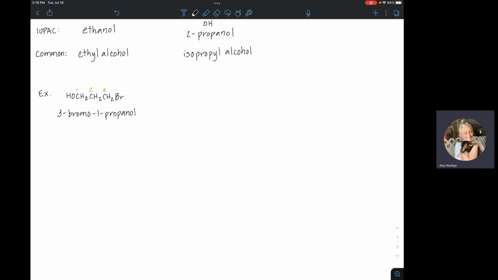Let's do one more. So we could have something like this. So we're going to find our longest continuous chain of carbons that gives the lowest number to our functional group.